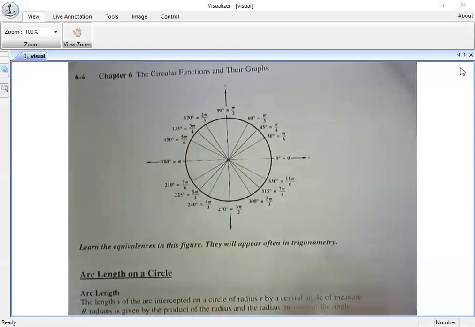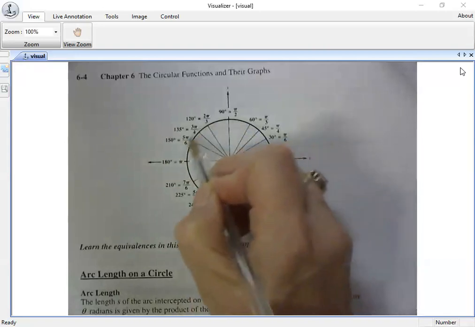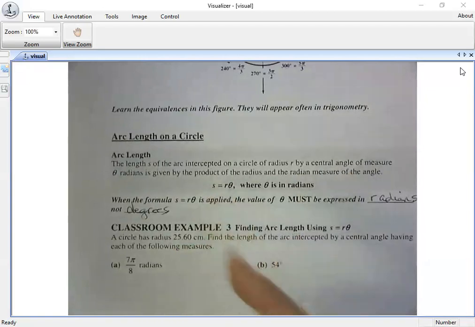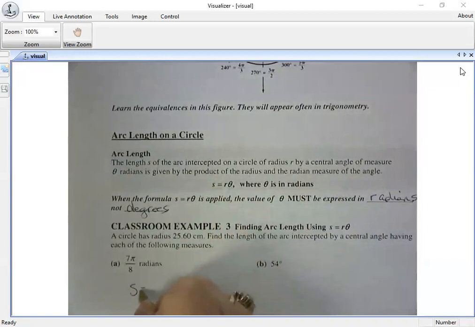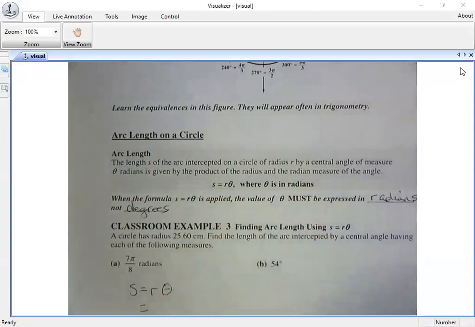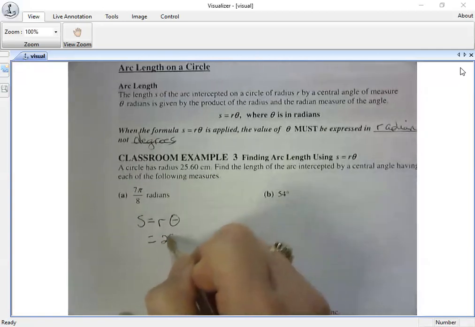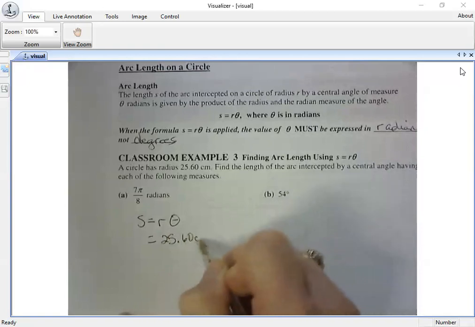So I want to know basically what's going to be this distance around the circle when the radius of the circle is 25.6 centimeters. Is this the formula I need? Yes, it is. So s would equal my r times theta. What did they give us for the radius? 25.6 centimeters.